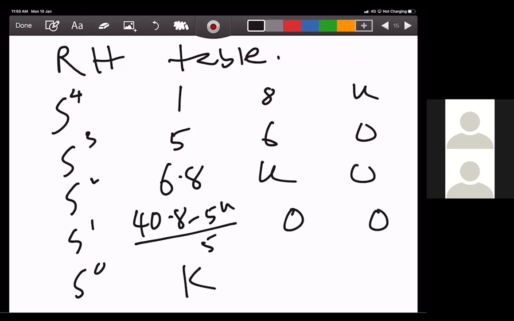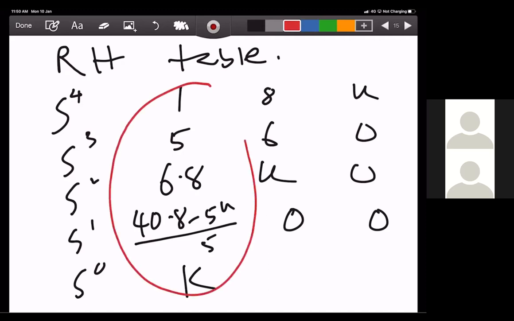So ditanya, in part 1, discuss the stability of the closed loop system based on the Routh table. So the theory said that first column must be greater than 0 for stability, correct? Okay. So 1 is greater than 0, 5 greater than 0, 6.8 greater than 0, but this range need to be simplified.